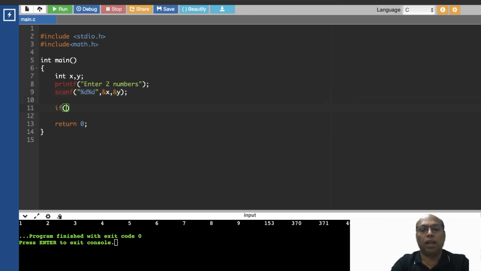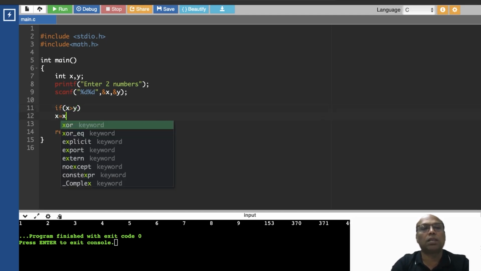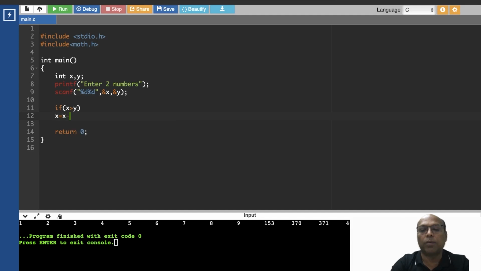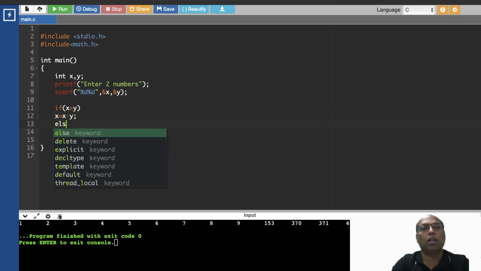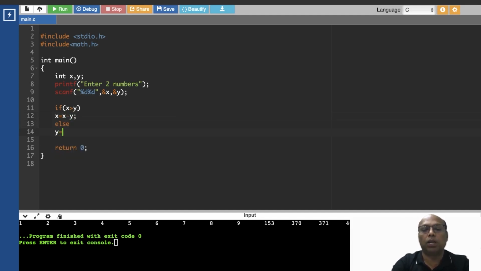If x is greater than y, what is the procedure we repeated? If x is greater than y, x is equal to x minus y, else y is equal to what? y minus x. Repeat this how long?